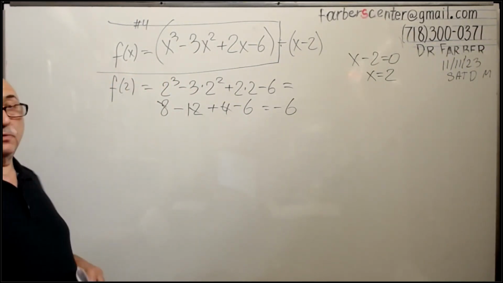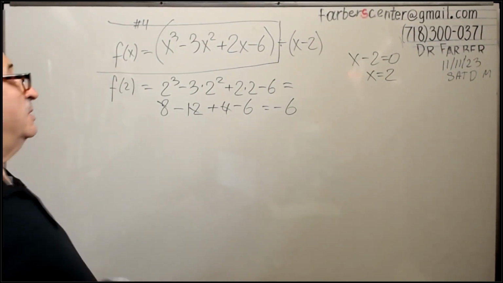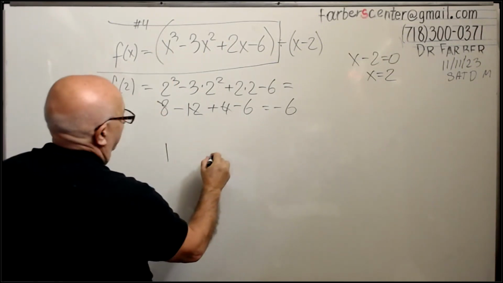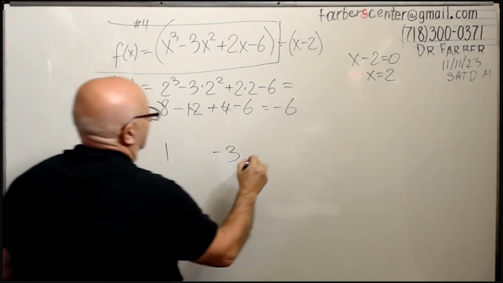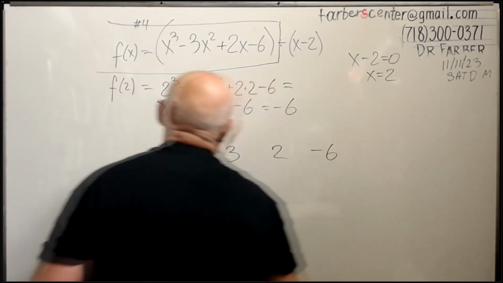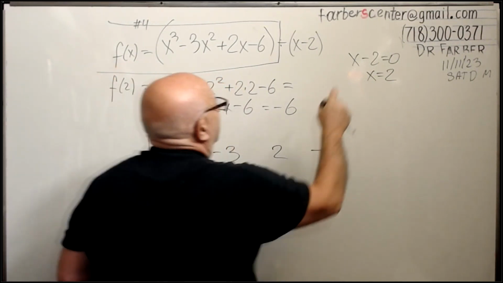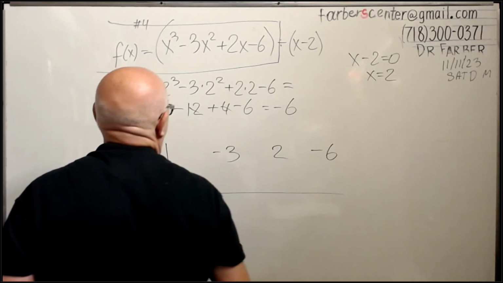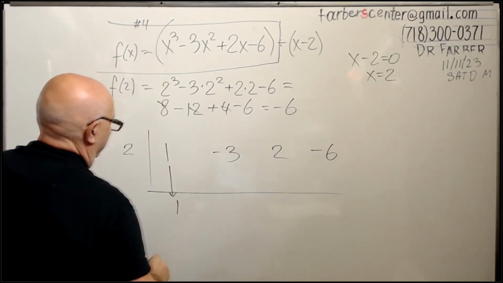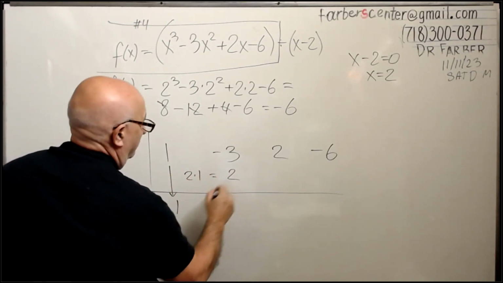Very fast. Who would like to practice the same with synthetic division? Again, write all these coefficients: 1, negative 3, 2, and negative 6. Make this angle. Since you set up this factor x equals 2, bring down 1. 2 times 1 equals 2.